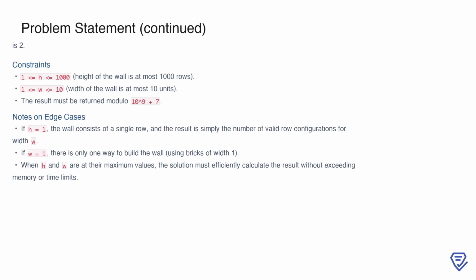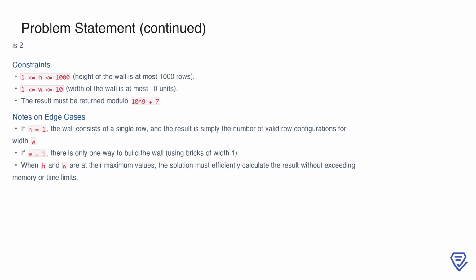To summarize, the constraints of the problem ensure that the height of the wall h can go up to 1000 rows, and the width w can be as large as 10 units. The result must always be returned modulo 10^9 plus 7 to handle the potentially large numbers. It is important to consider edge cases.